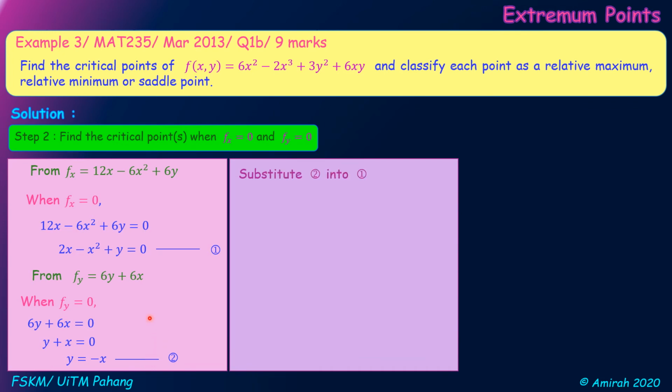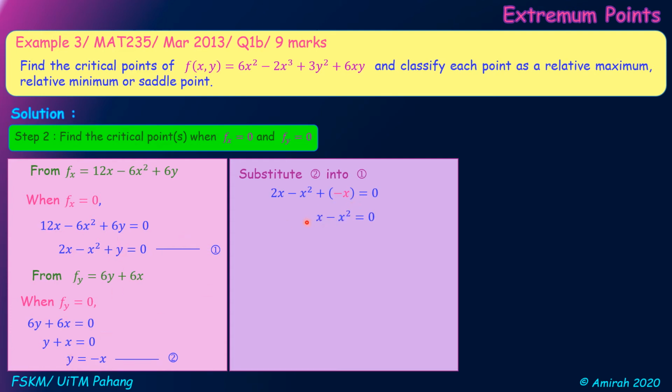Alright, after that we can solve two simultaneous equations, equation 1 and equation 2. Let's say we use the substitution method. We substitute equation 2 into equation 1. So from equation 1, we get 2x minus x squared plus y. So y here we replace by negative x.